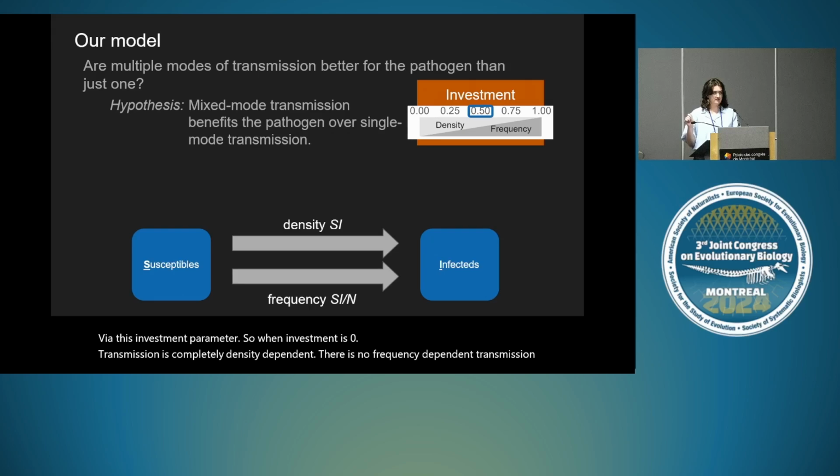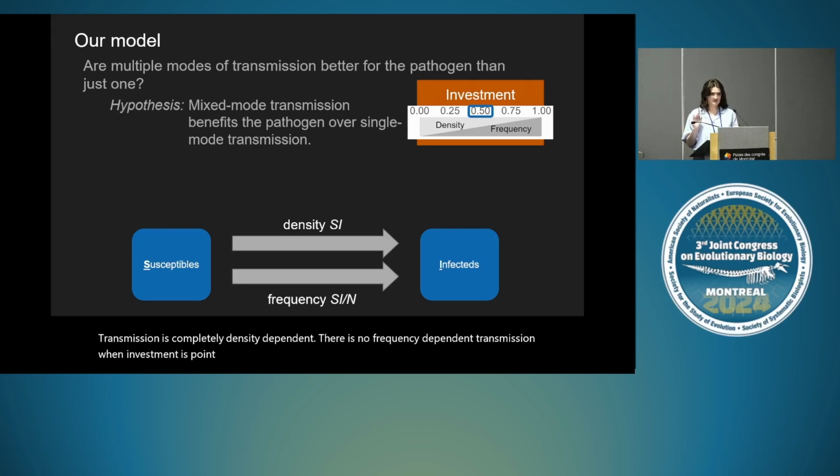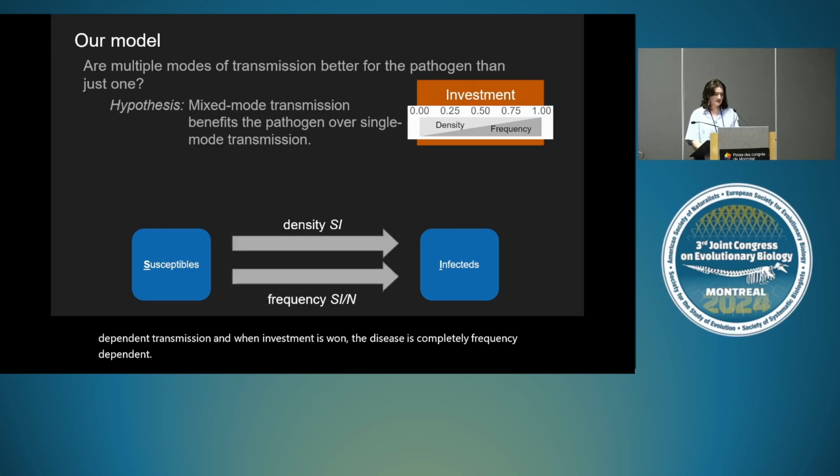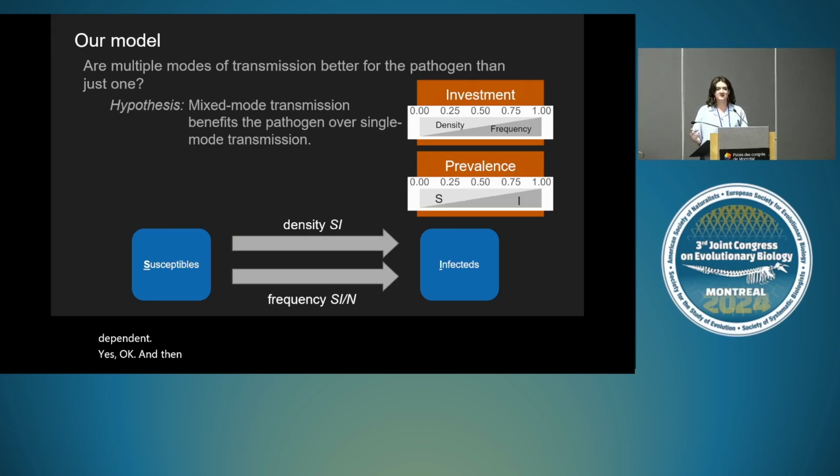When investment is 0.5, we have 50-50 density dependent and frequency dependent transmission. And when investment is 1, the disease is completely frequency dependent.